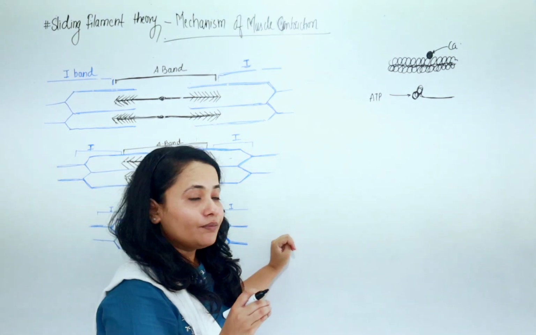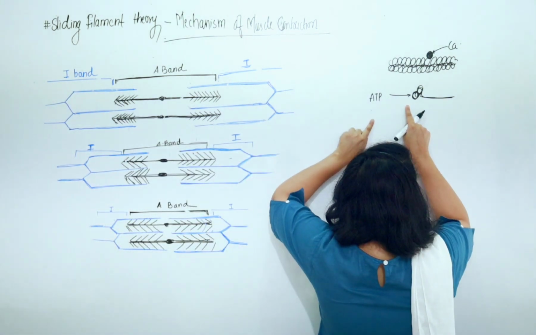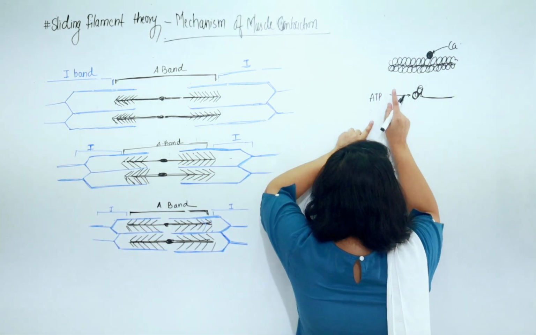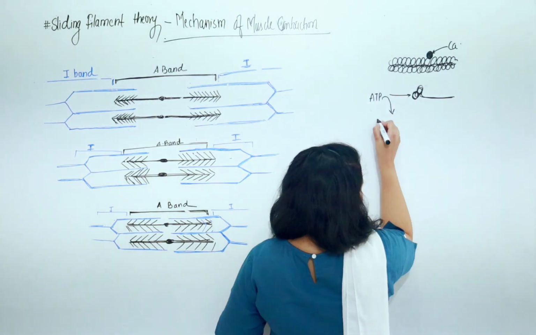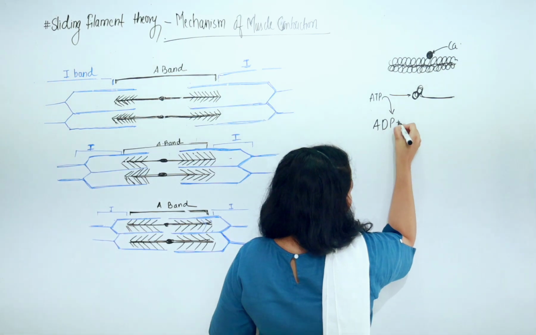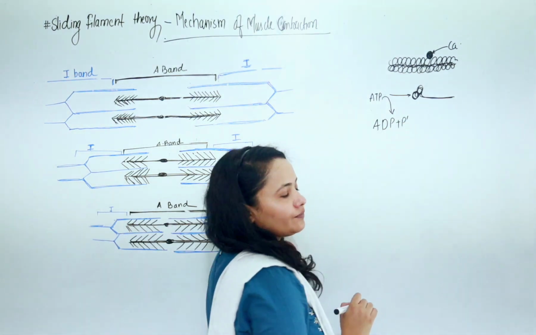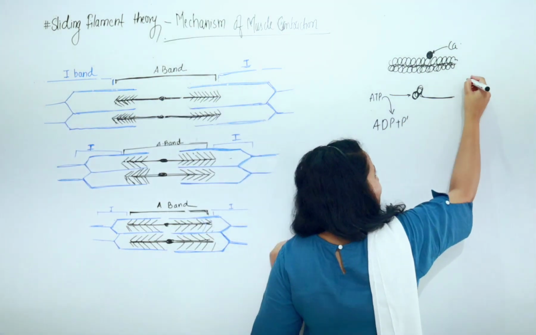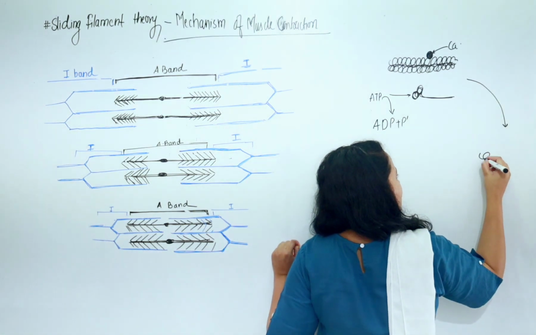Hydrolysis of ATP. So if hydrolysis of ATP is taking place, this ATP is getting converted into ADP plus Pi. Next, what will happen after this?